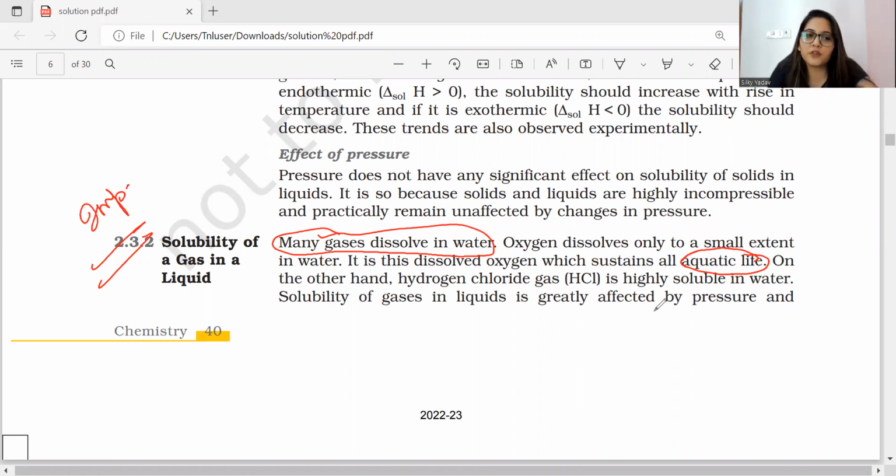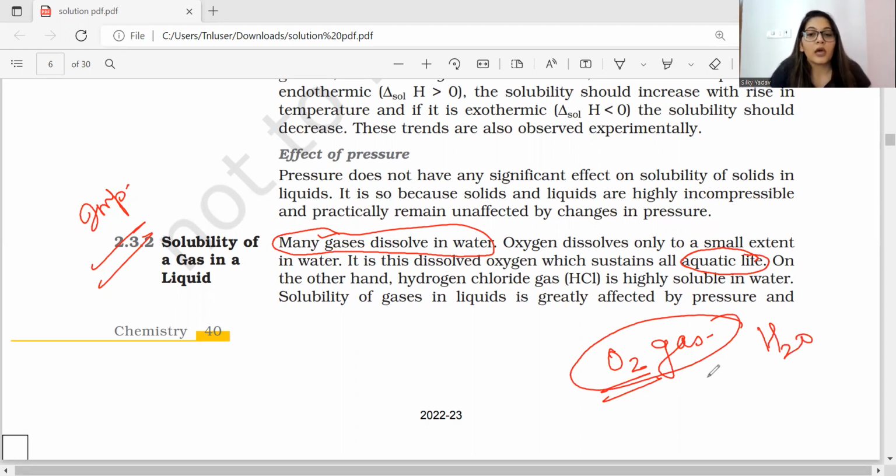These fishes and all the creatures which live in the water take the dissolved oxygen from the water. O2 is a gas, and it is dissolved in the water because of the atmospheric pressure around us. Oxygen dissolves only to a smaller extent in the water. It is this dissolved oxygen which sustains all aquatic life.